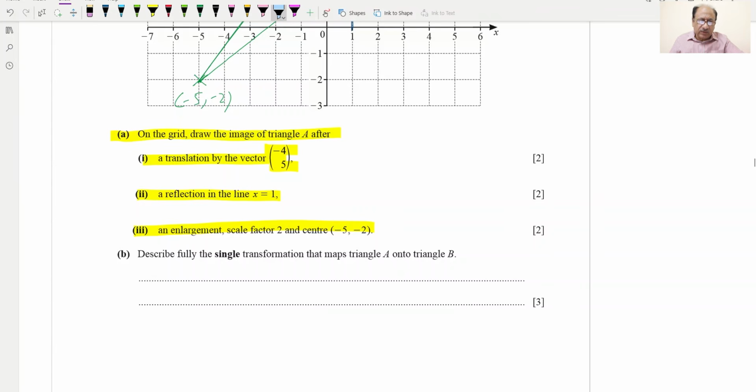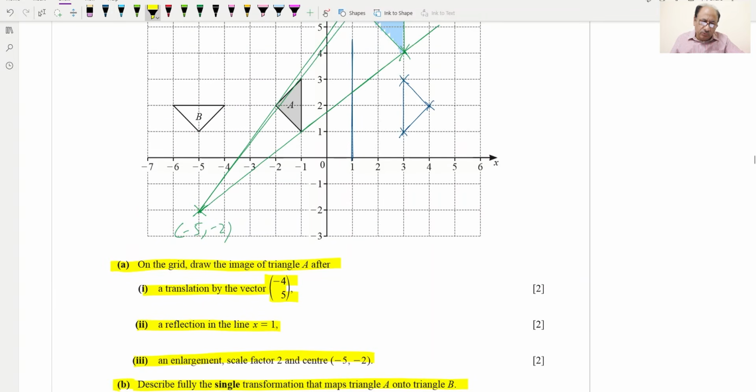Now they are saying describe fully. B part, describe fully the single transformation that maps triangle A onto B. So A onto B. If we check from this point, this will be 90 degree.